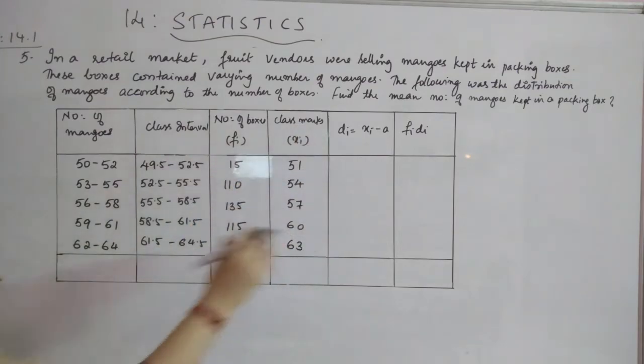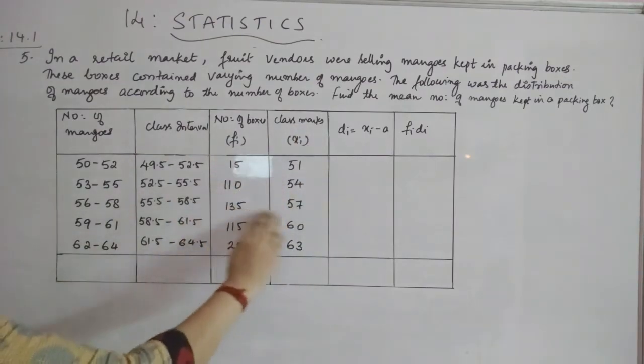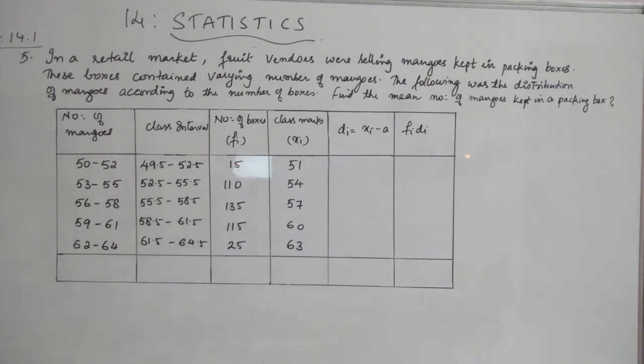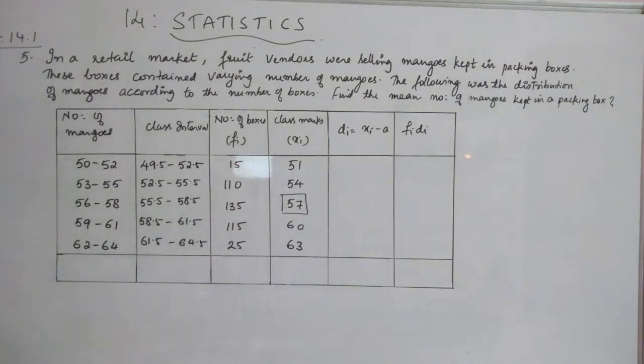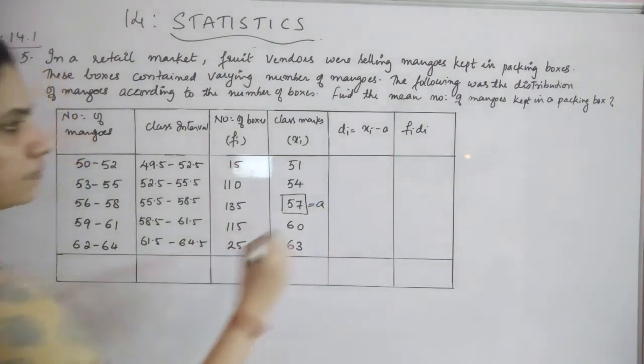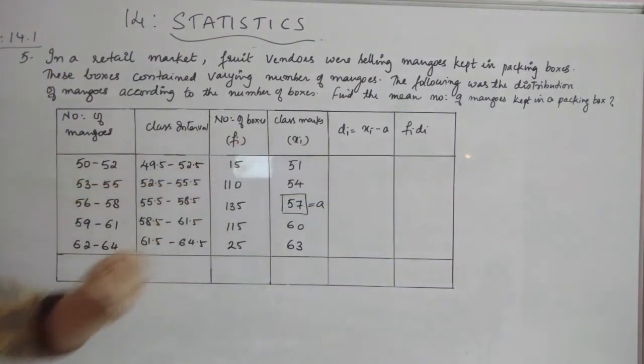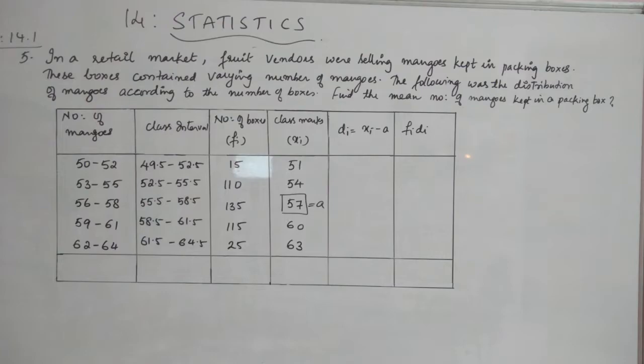So this is now acting as the class marks or xi. Now again you can see that the values are bigger to calculate, so we will use the assumed mean method. We will take the assumed mean as the middle number, which is 57, take it as A. Now find out what is di, which is equal to xi minus A for each value.